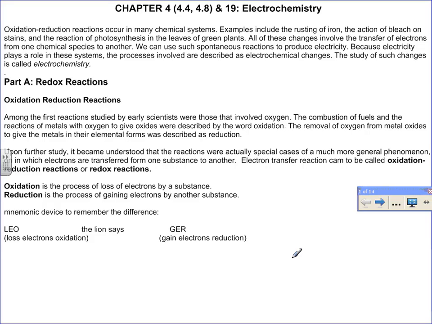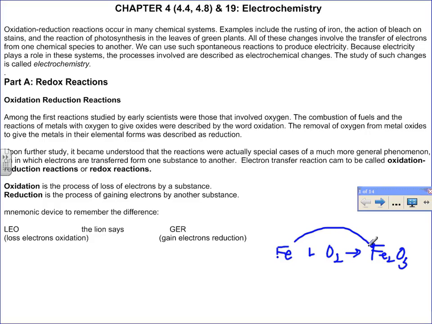Further studies showed that there are actually many more reactions that involve this more general phenomenon, which is where electrons are being transferred from one substance to another. So for example, in the iron example, when iron reacts with oxygen to form rust, as you know from looking at this, we're forming an ionic compound.